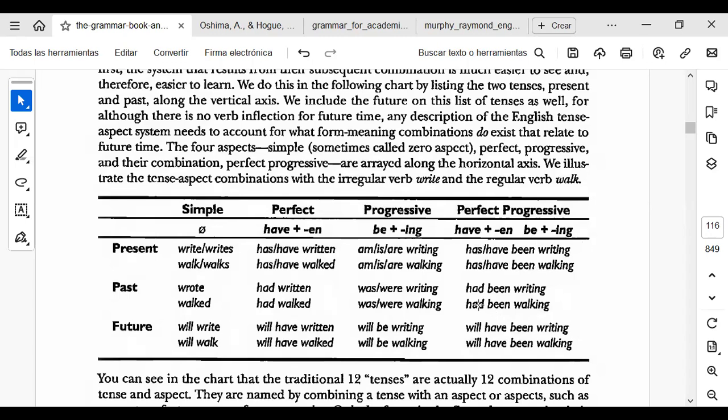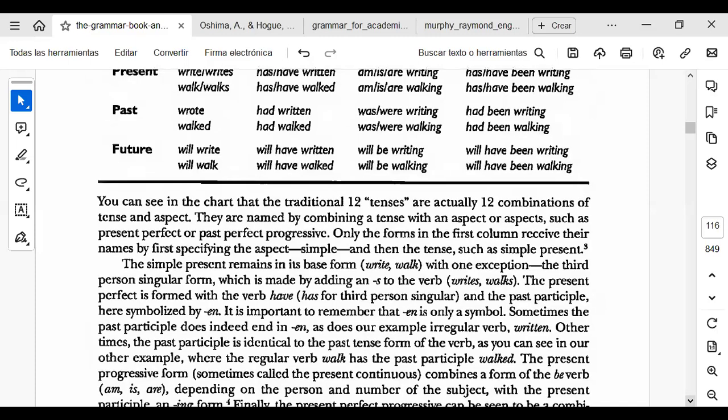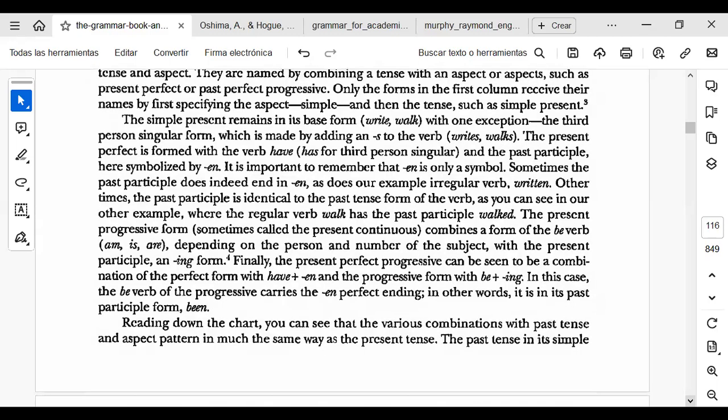That's the progressive and the perfect progressive. So you count here, you have 12 tenses: present, past, future. It's said that there are 12 combinations of tense and aspect.